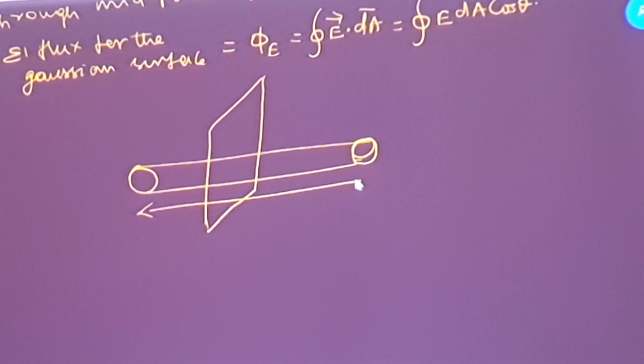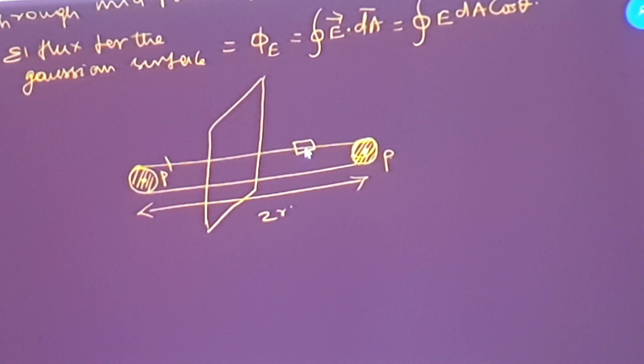Let us have the points here as P and P dash. In order to handle the curved part, I am taking a small surface area on the curved surface, one on this flat surface and another on this flat surface.